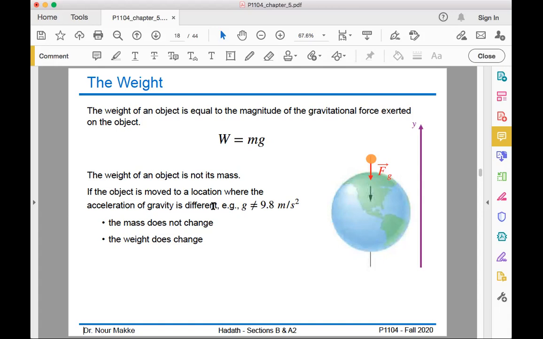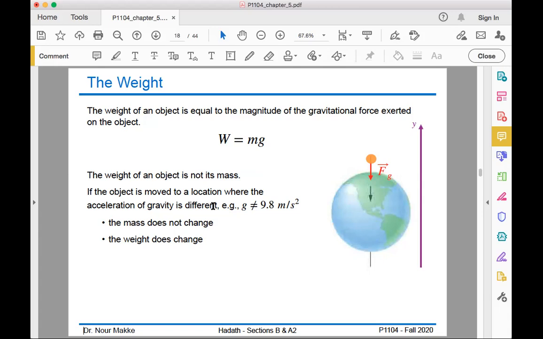If you have an object that is moving near the surface of the Earth, then we know that the gravitational acceleration is 9.8 meters per second squared. If this object goes far from the surface of the Earth, then the gravity acceleration becomes different from 9.8 meters per second squared, as we have seen in the previous chapters.